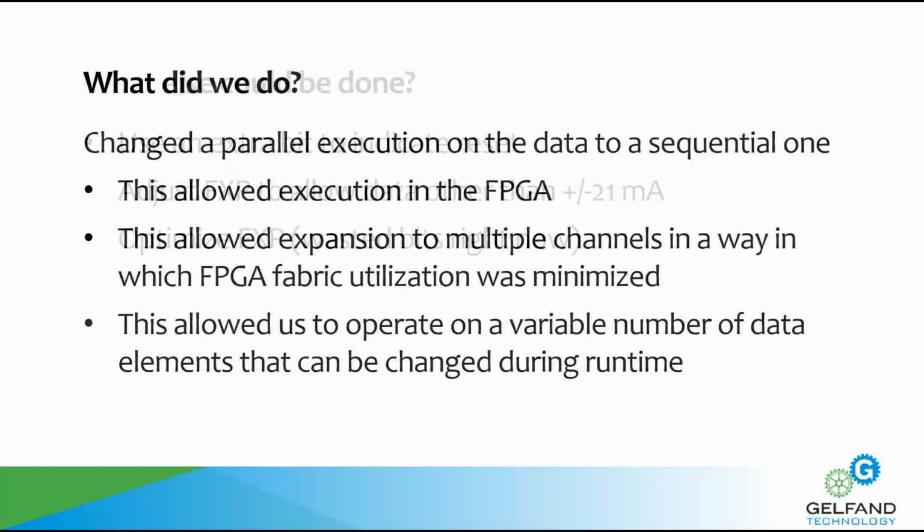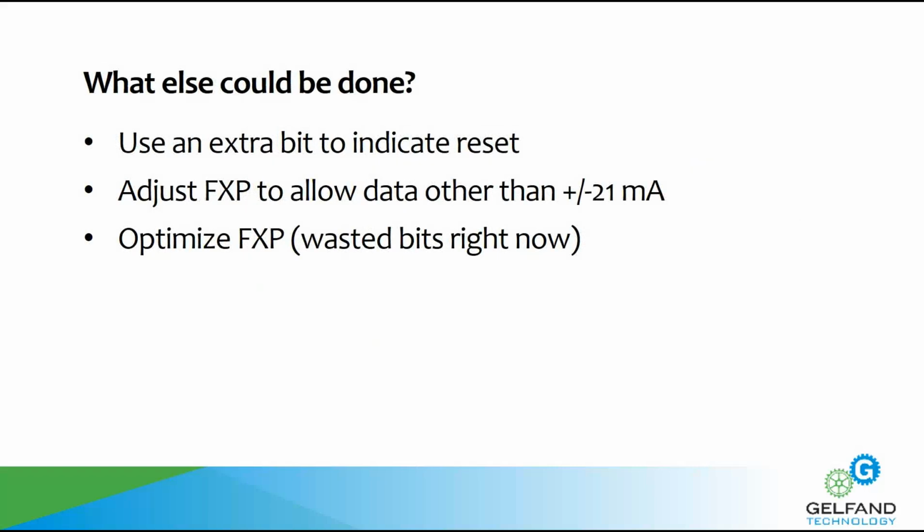There you go. Exactly. So some of the other things that I didn't implement that could be done: I could add an extra bit to indicate a reset. As we said, I've got my channel element at the beginning, I have my data, and I have about 4 bits in between that aren't being used just because it was easier to do.